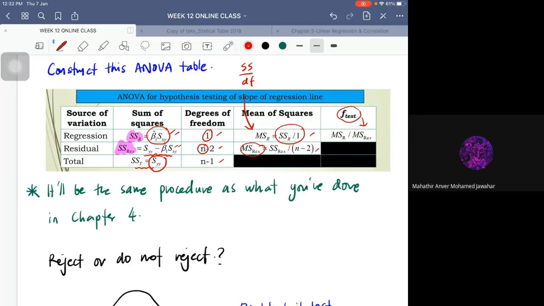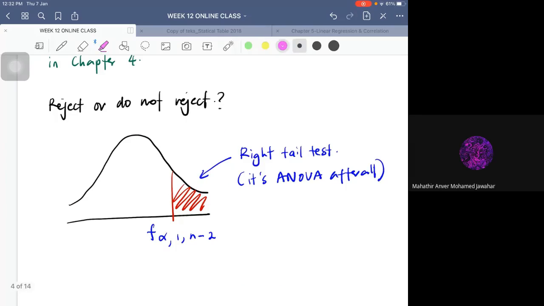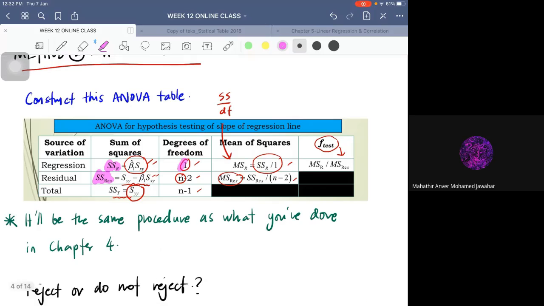But the only drawback is, after you have found the F-test, you are going to need to find the critical value. For this case, it will be the same idea as ANOVA. So it's going to be F alpha, 1 and n minus 2. So 1 comes from here, and n minus 2 comes from the column right beneath it.